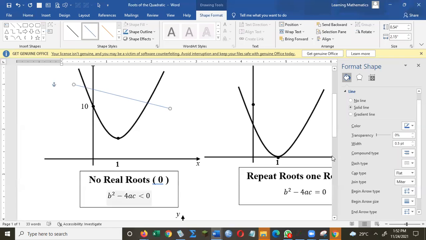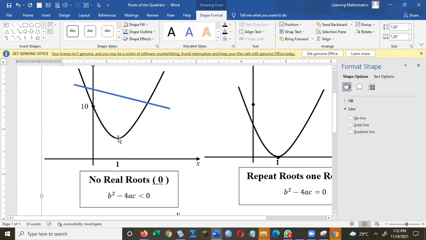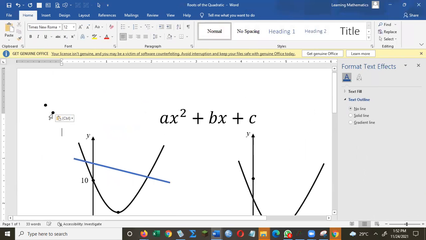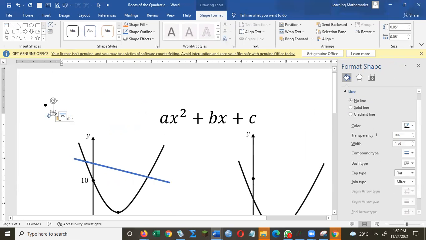Let's say, for example, you have a straight line cutting across a quadratic. You're going to get 2 points of intersection. Let's say one there.